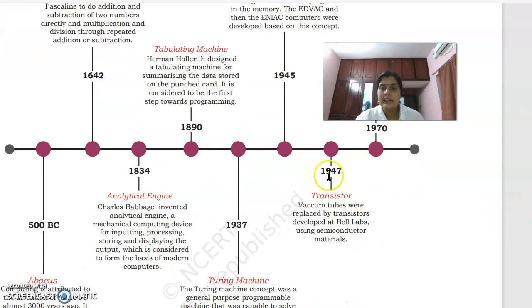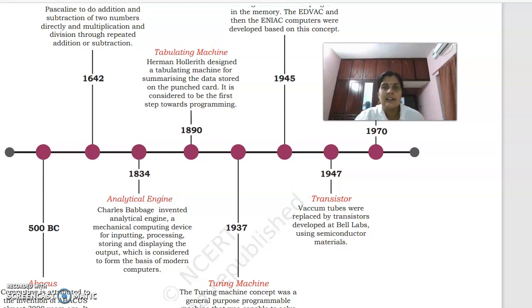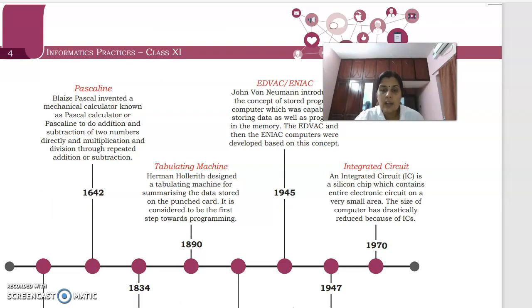Then in 1947, what happened? In 1947, the year we got independence, transistors were invented. In the previous case, that means in EDVAC and ENIAC, vacuum tubes were used.